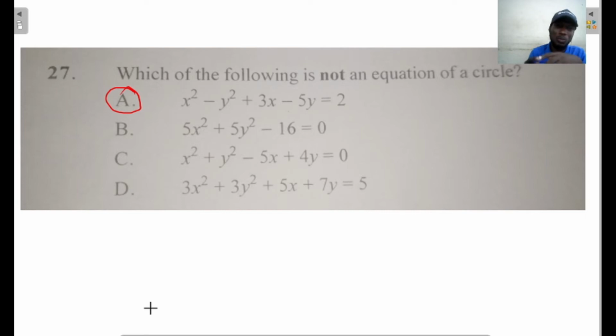I just went to pick this past question, WASSCE 2020 further maths or elective maths objective question 27, just to demonstrate to you that the properties are very important and therefore we need to take them seriously. We go back to the general equation.